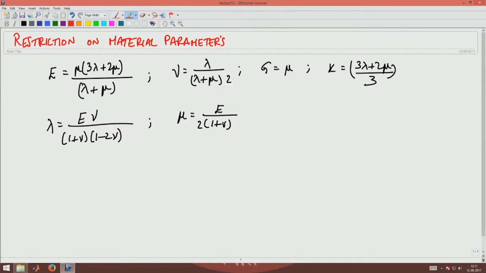Now what we are going to see is what are the restrictions or what are the possible values that these material parameters can take.